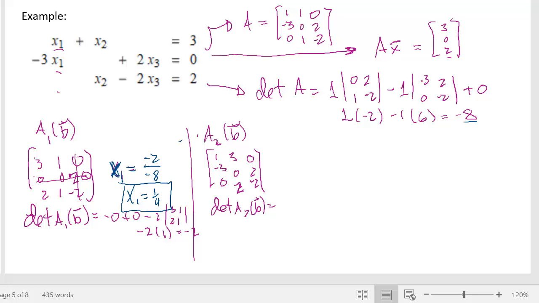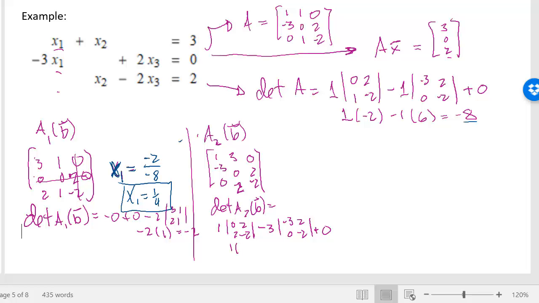So the determinant of this matrix, expanding on the first row, will be 1, and then the submatrix here is 0, 2, 2, negative 2. We have a minus 3. The submatrix there is going to be 2, 0, negative 2, and then 0, and it doesn't matter what the submatrix is.